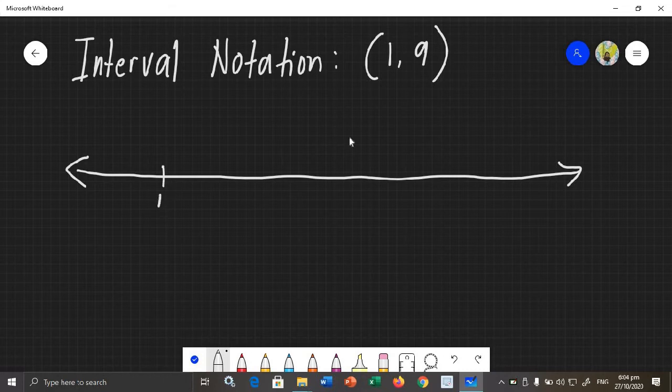So, let's say this is 1 and then dito yung 9. If I am going to graph this, I'm going to write an open circle and then an open circle dito sa kabila. Kasi parehong parenthesis yung ginamit. So, pareho silang open. Meaning, 1 and 9 is not included in the solution set.